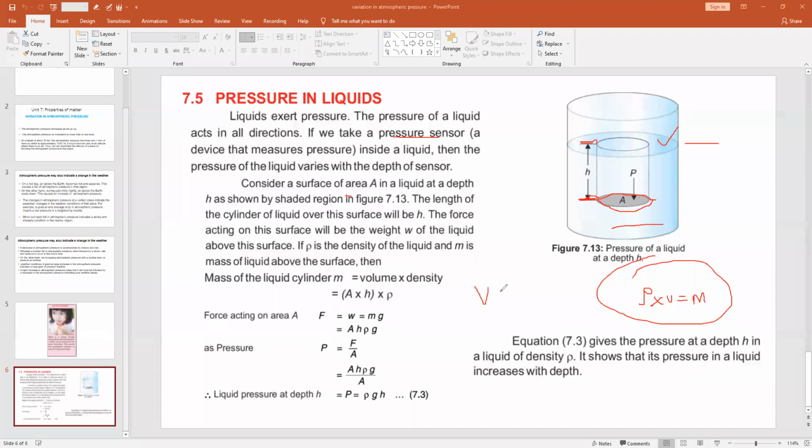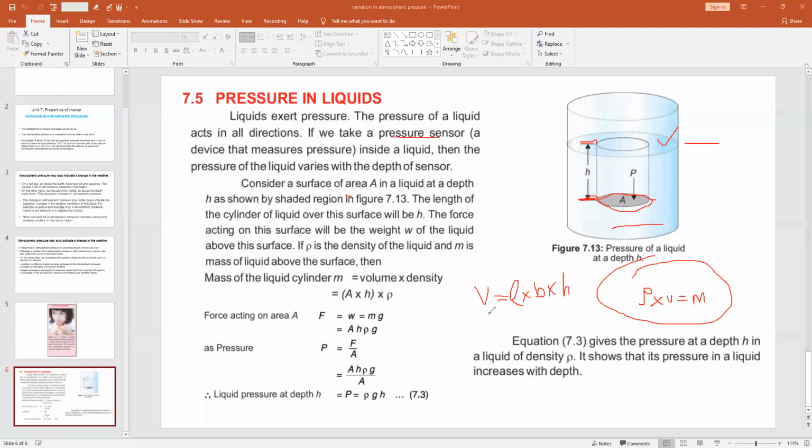Volume will be equal to area into height, or length into breadth into height, right? This is the formula for volume.